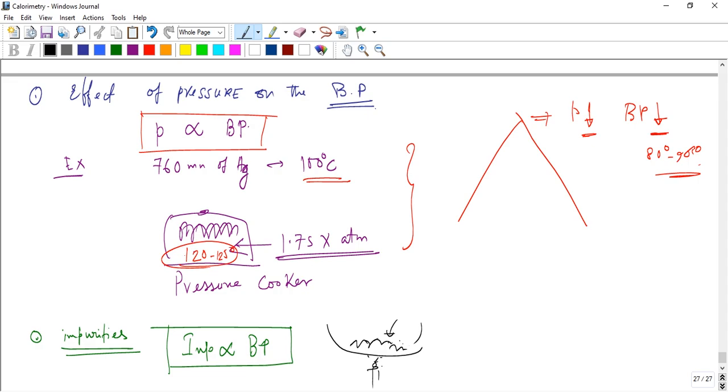When you see a chef add some salt, or when we make food and add some salt, the boiling point increases. The temperature is higher than 100 degrees centigrade.